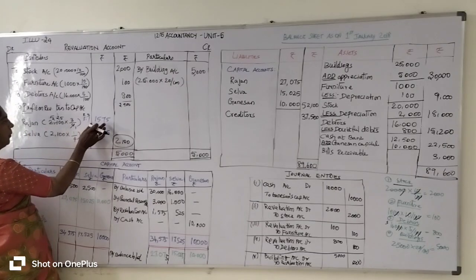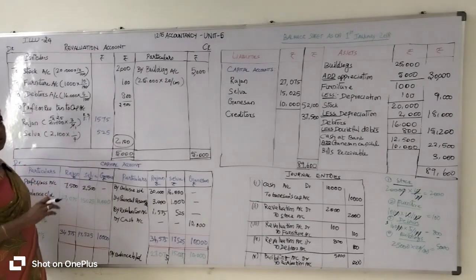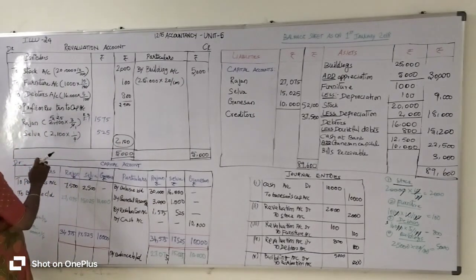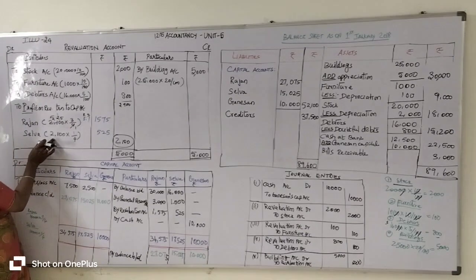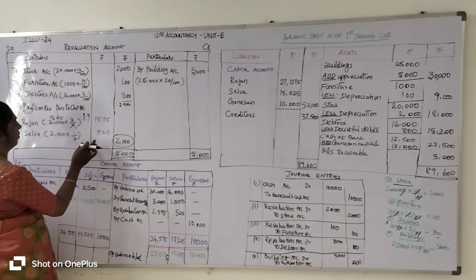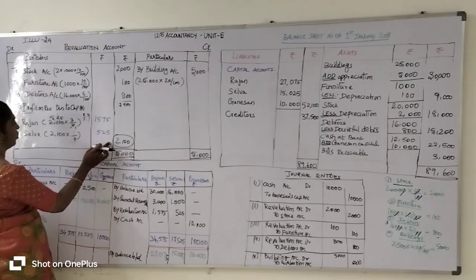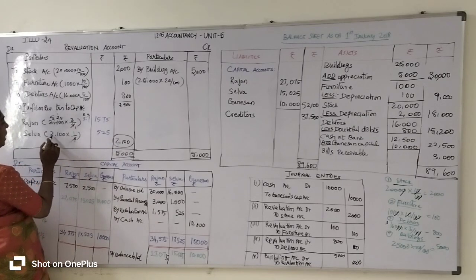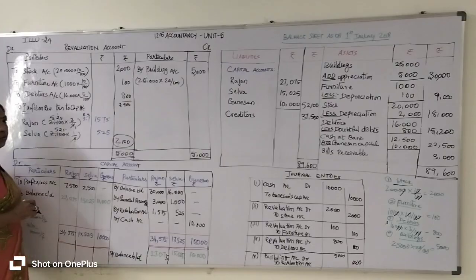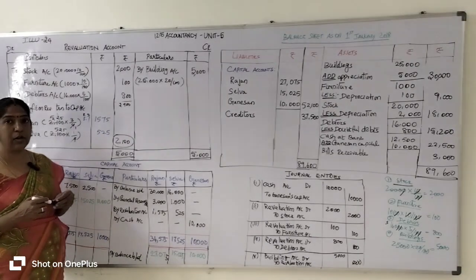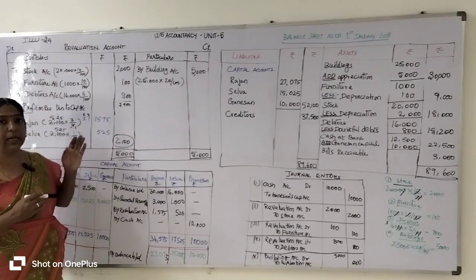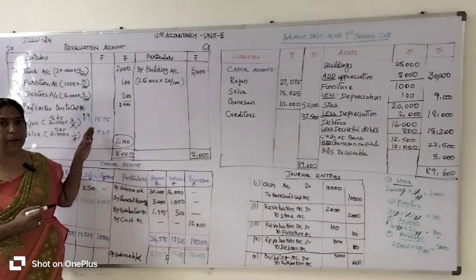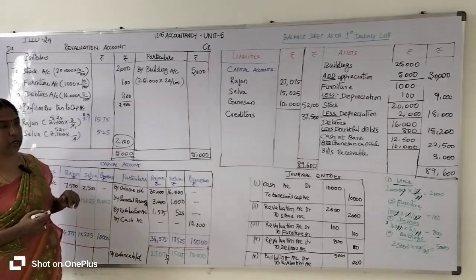So in Rajan's capital account we have 1,575. And now we are going to calculate Selva's profit value: 2,100 into 1 by 4, same, 525 into 1 is 525. So the profit on revaluation is immediately transferred to the old partners' capital accounts in their old profit sharing ratio.